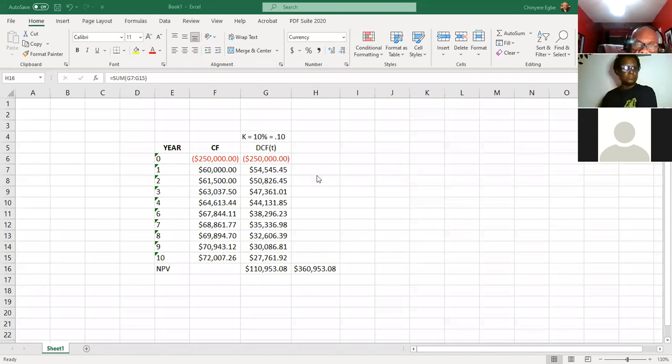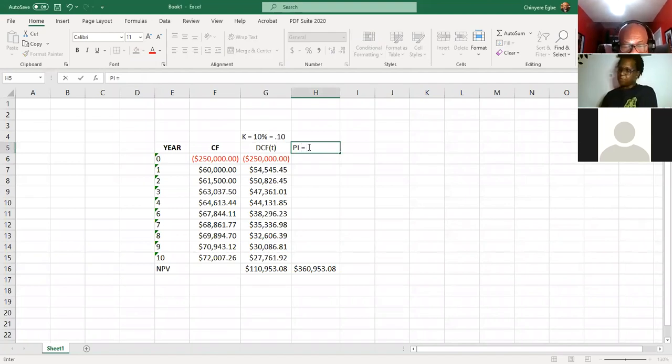Now, for example, the PI will be equal to the PV of cash flows over the investment, not the NPV, the PV of the cash flows.